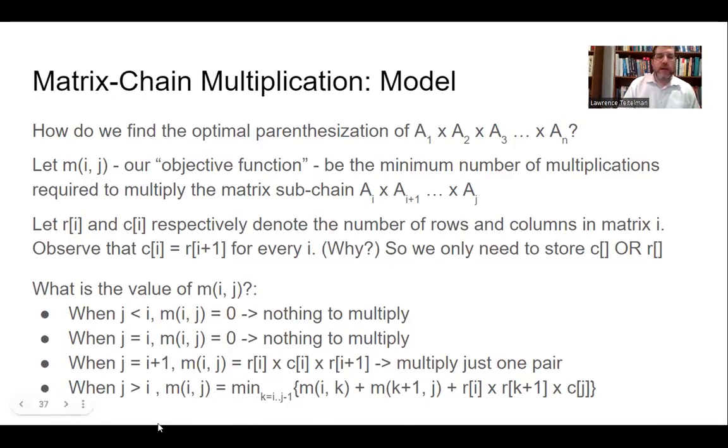We're going to define Mij as the number of multiplications needed to multiply a chain beginning with matrix I and going to matrix J. And we say if J is less than I, the answer is 0. Why is that true?